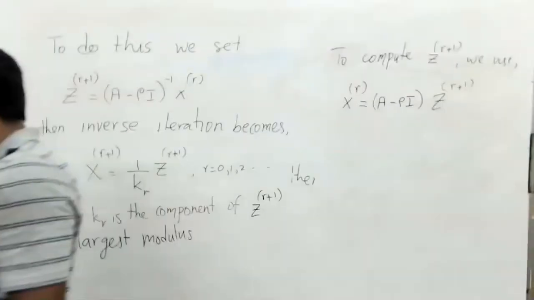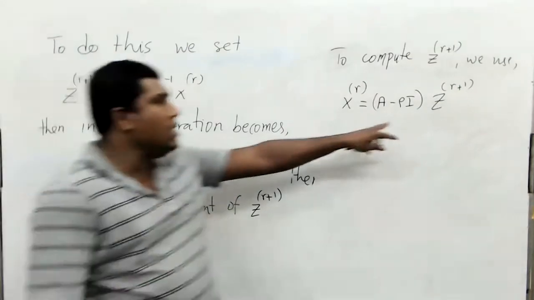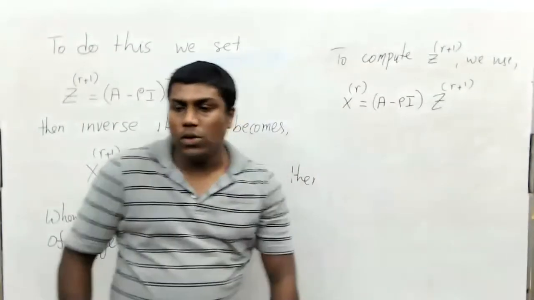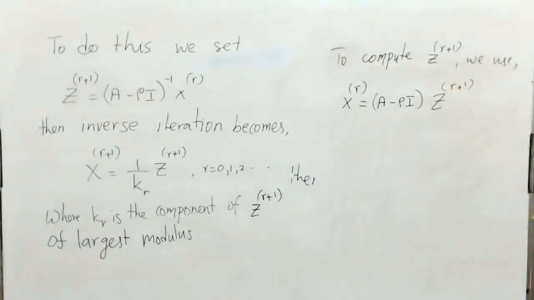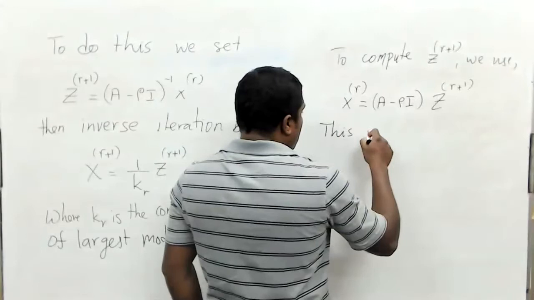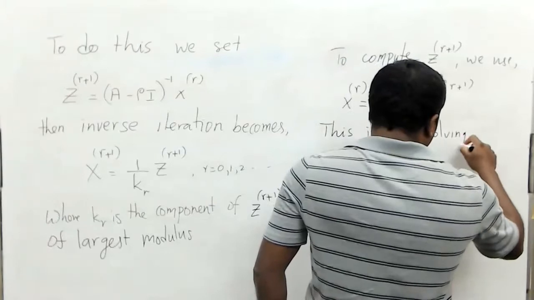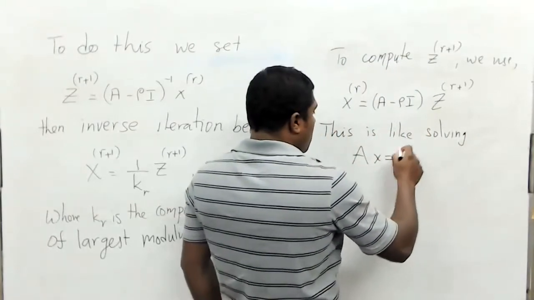So now you know X_r is given, this is given. So this looks like a matrix system, AX equal to B, very similar to the system you studied in the first chapter. It is a system of linear equations. You want to find this vector Z_{r+1}, which is equal to X. A times Z_{r+1} is equal to X_r, right?